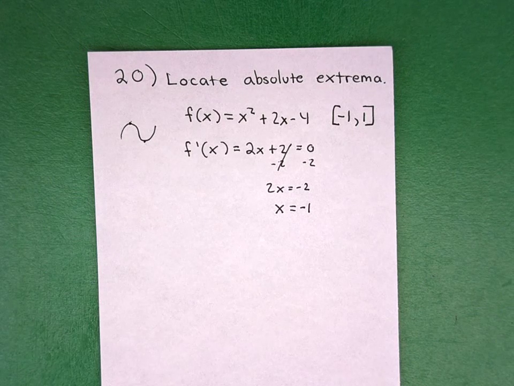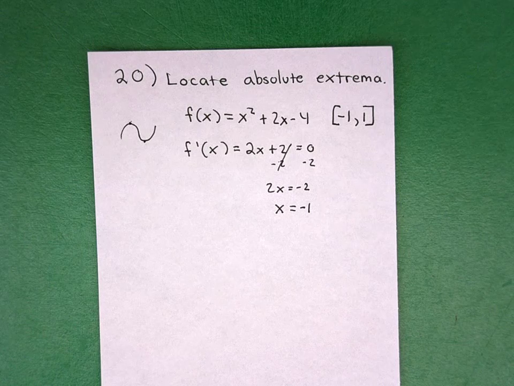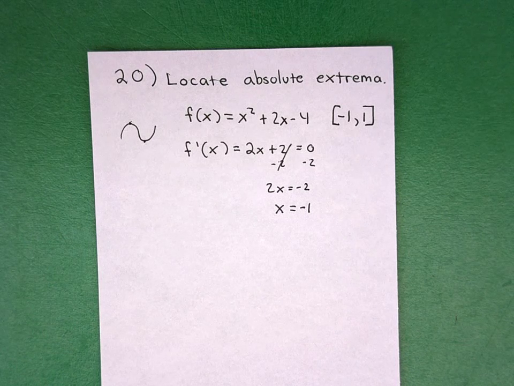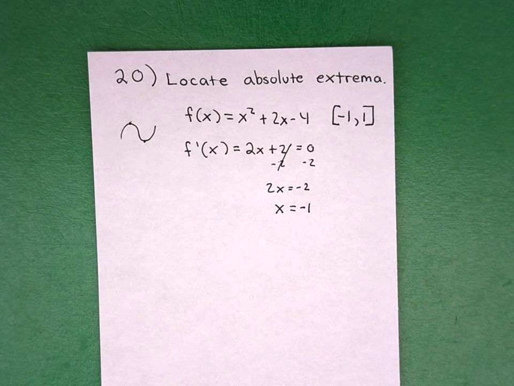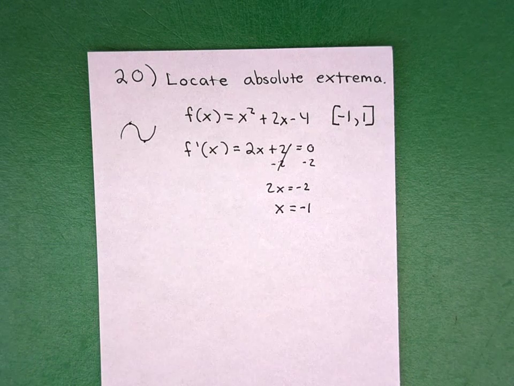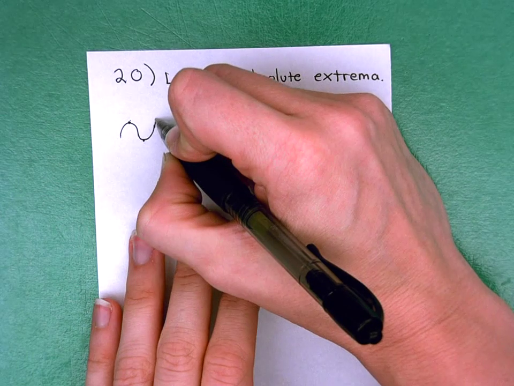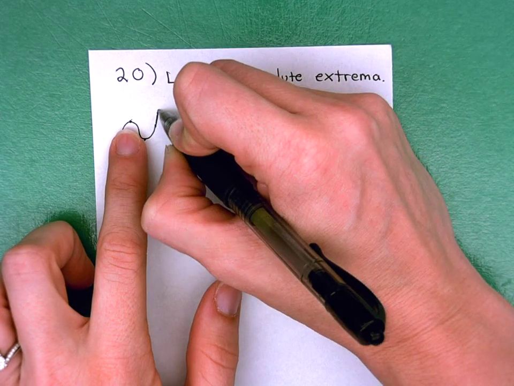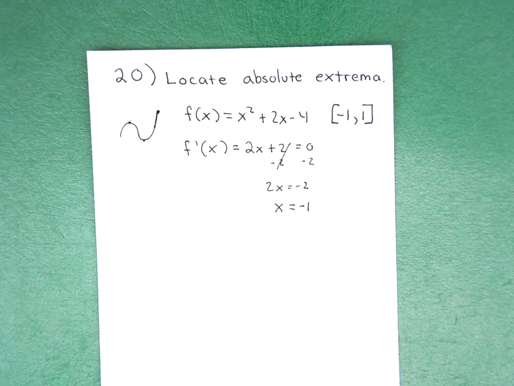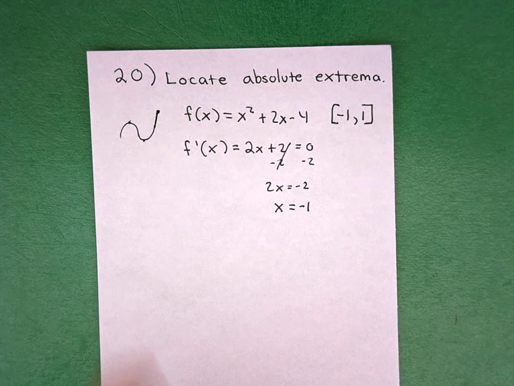Okay, so now that we have our critical numbers, we have where our relative maxes, relative mins might be, indicating a possible absolute. The other place we're going to have to consider would be the endpoints, right? Because say if this were my graph and it continued up above where my relative maximum is, well, that point up there, that endpoint, would be the absolute maximum because it's higher than the relative maximum.